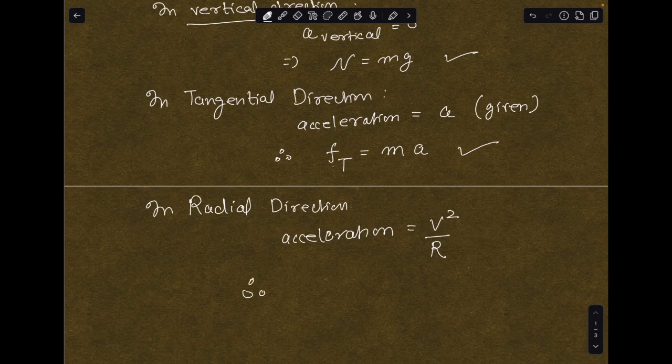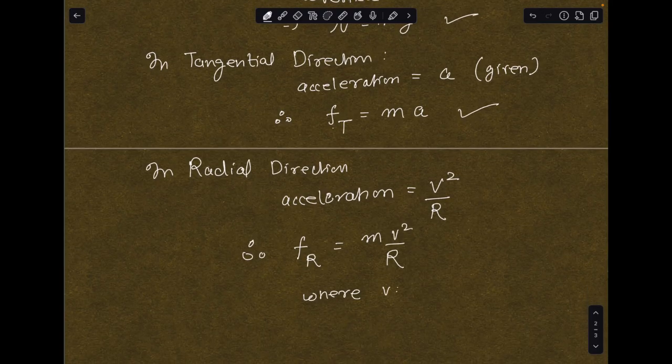Therefore, force in the radial direction has to be equal to mv squared upon r, where v is the instantaneous speed. Note that v is always changing, but at any instant when the speed's value is v, then the radial direction acceleration would be v squared by r, and hence force in the radial direction, whose source would be friction, would be mv squared upon r.